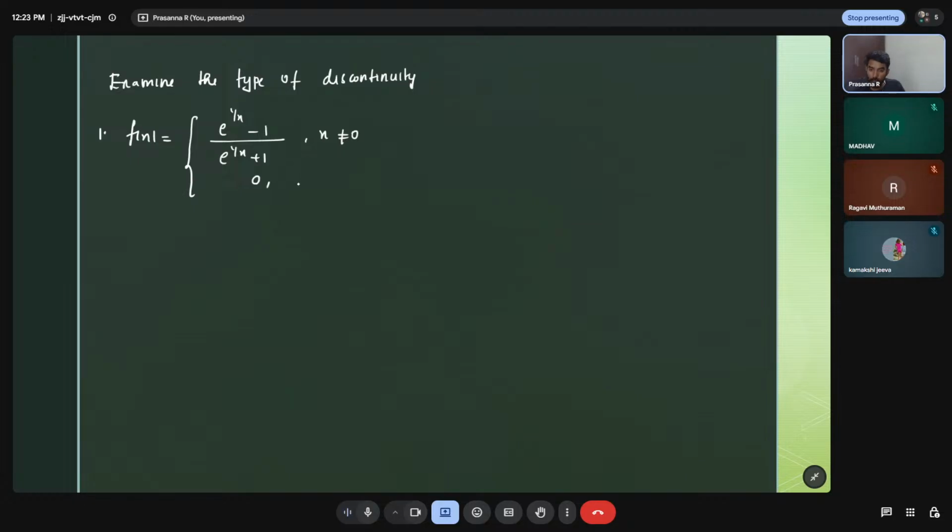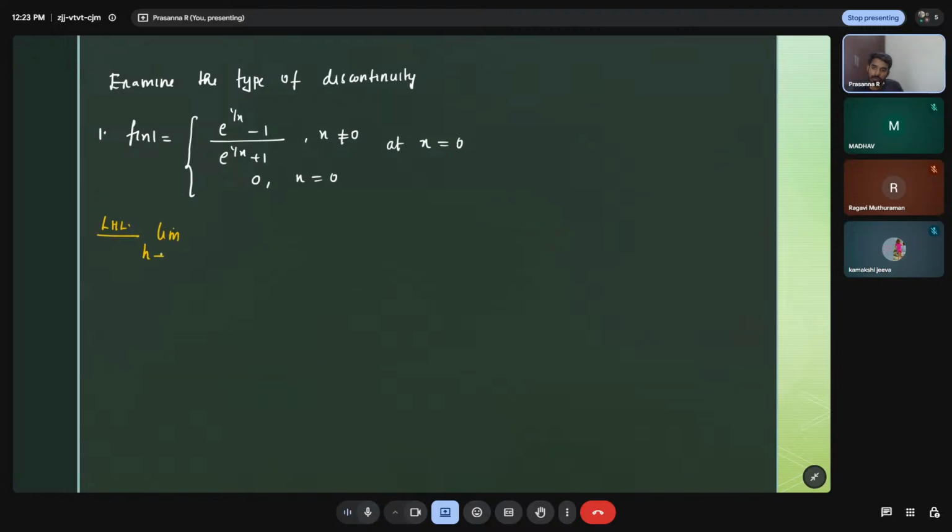It takes 0 when x is equal to 0. You see whether x is equal to 0 is continuous or not. If it is not continuous, you tell what type of discontinuity it is. So it is always better to go LHL, RHL, function value.